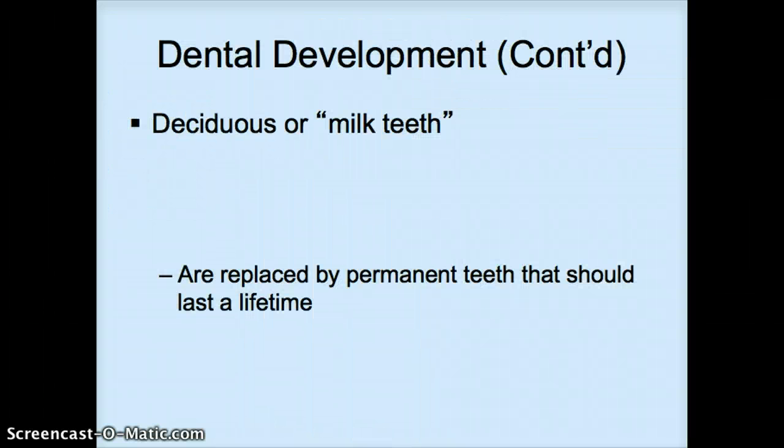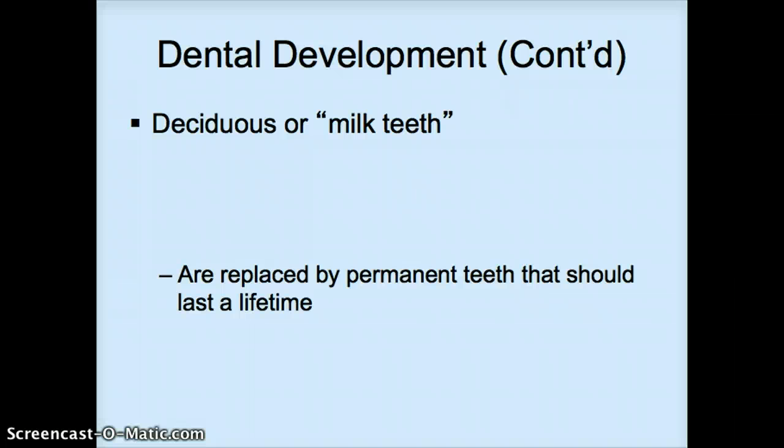Okay, so let's talk about dental development for a minute. Teeth that come in when we are babies are called deciduous or milk teeth, and they're replaced by permanent teeth that should last us the rest of our life.